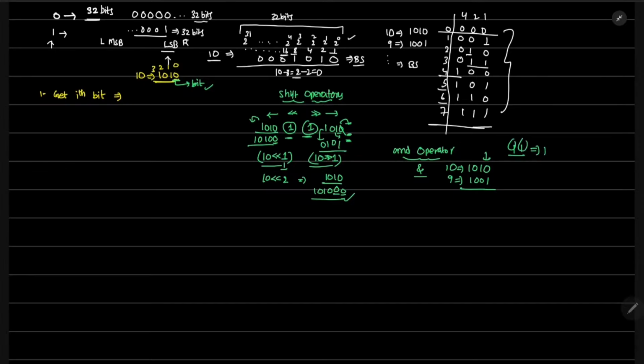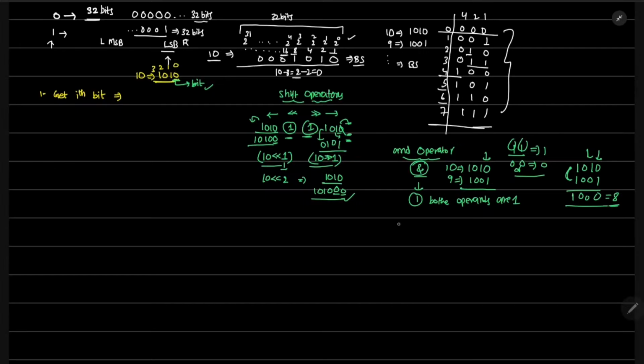If any one bit is 0, the output will be 0. Simply saying, the output of the AND operator is 1 if both operands are 1. So for 1 0 1 0 and 1 0 0 1, this is 0 0, and these two are 1, so it is 1 here. The output is 8. That's how the AND operator works, guys.